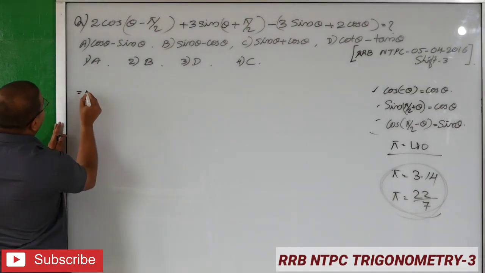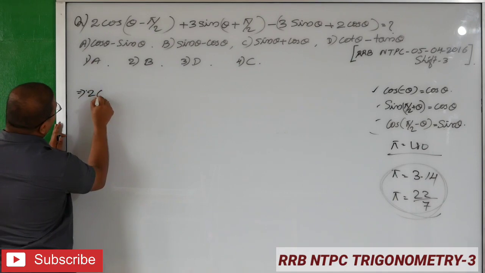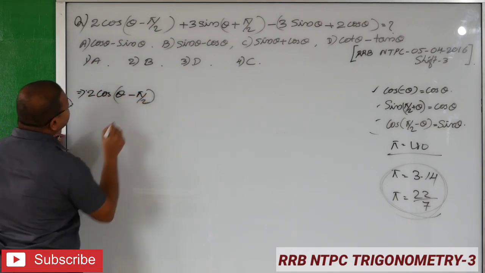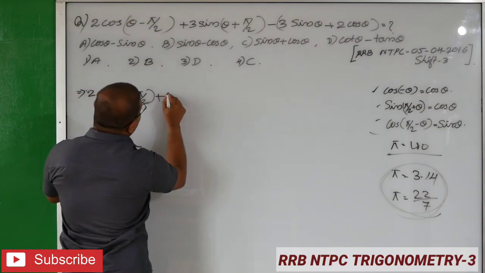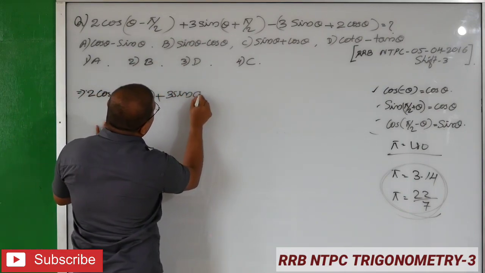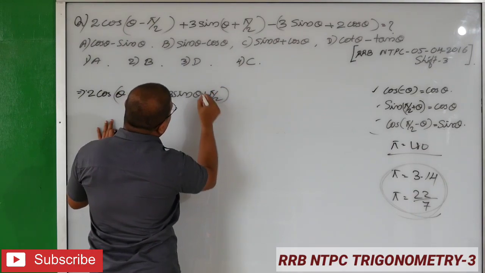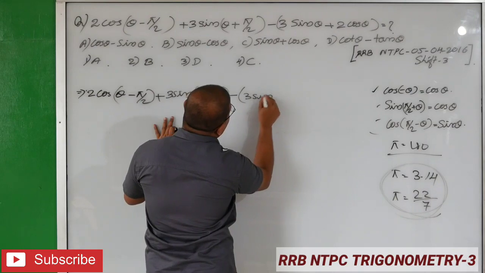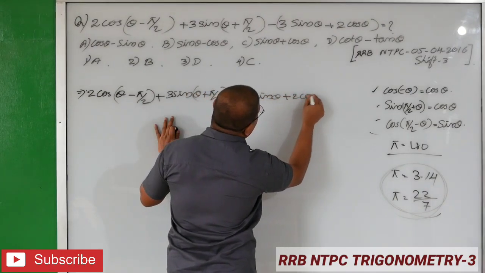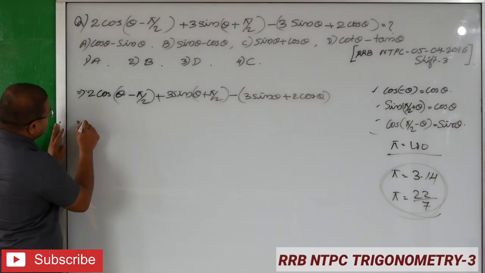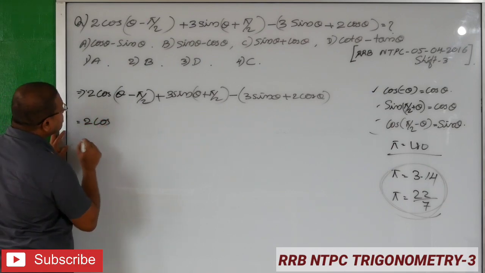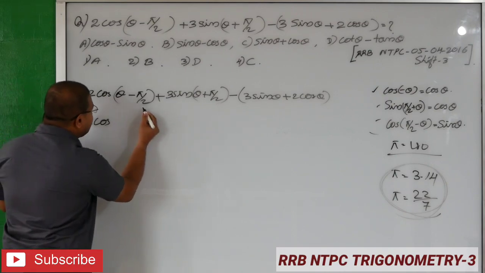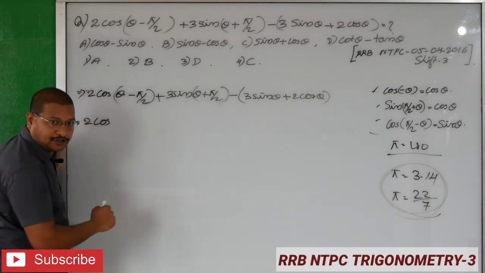See, what is here? 2 cos(theta minus pi by 2) plus 3 sin(theta plus pi by 2) minus (3 sin theta plus 2 cos theta). From the first term we will take minus outside, because theta minus pi by 2 has no equation, isn't it?